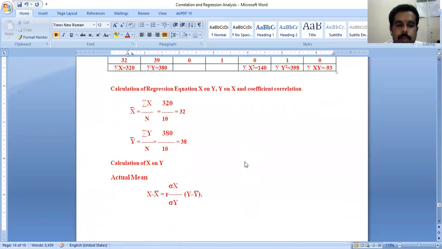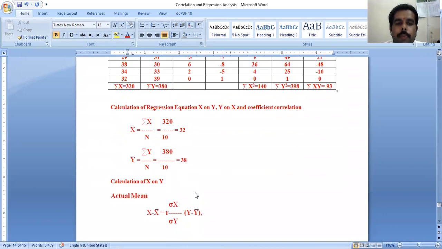The next, calculation of x on y actual mean. The formula is x minus x bar is equal to r into standard deviation x divided by standard deviation y into y minus y bar. Here y minus y bar. The x bar value we already found, and y bar also we got.